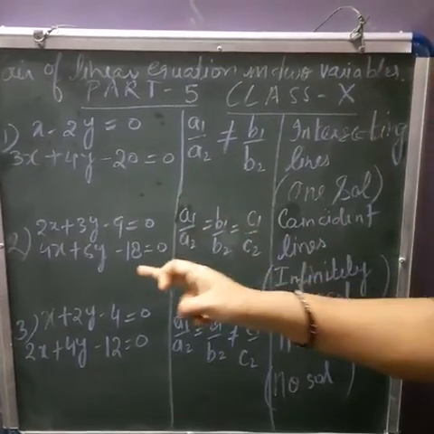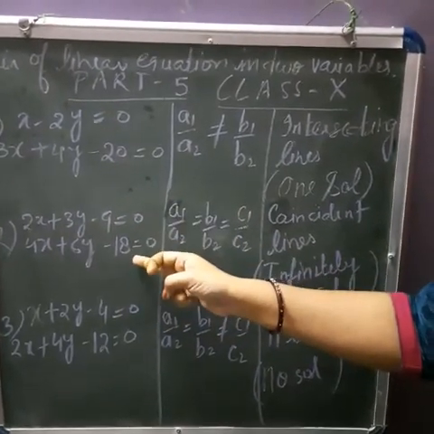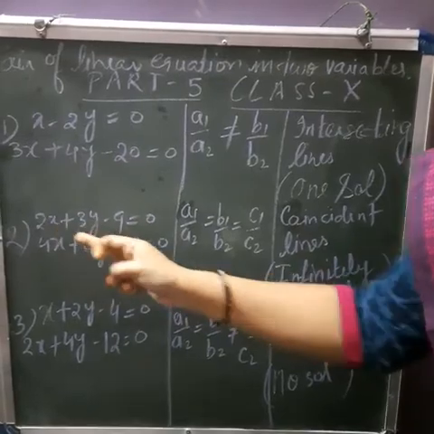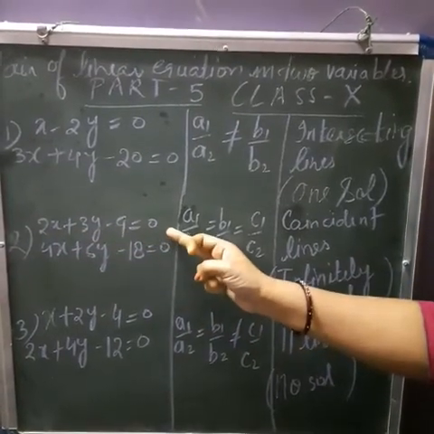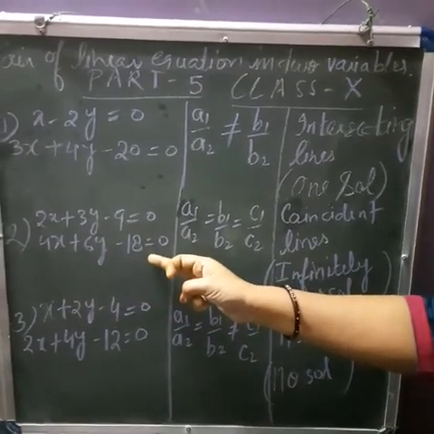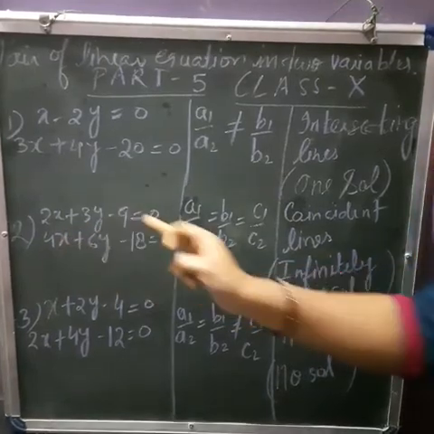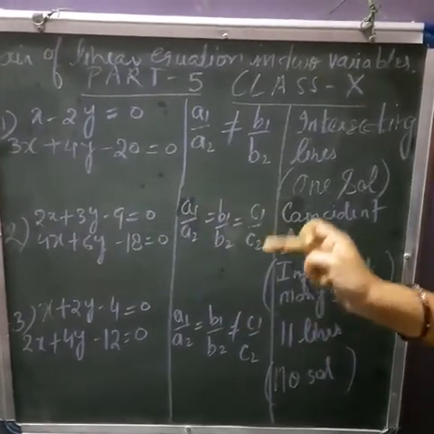Now the second type. Here we have taken other equations: 2x plus 3y minus 9 is equal to 0, and the second is 4x plus 6y minus 18 is equal to 0. Here you will compare a1 upon a2, b1 upon b2, and c1 upon c2.